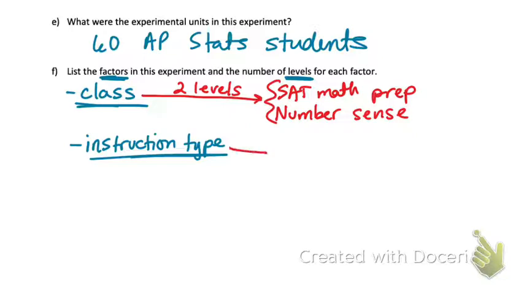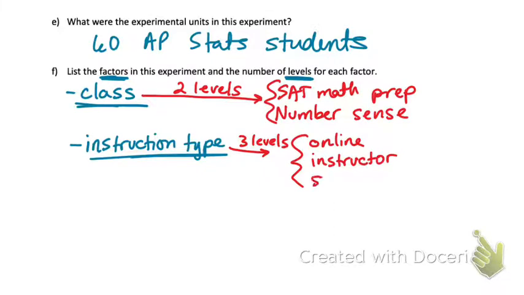So there are 3 levels for instruction type. And what were they? Levels are like options. How many options are there? Yep. And what were they? Online, instructor, and study book. So I have 2 levels for my factor of class. I have 3 levels for my factor of instruction type.